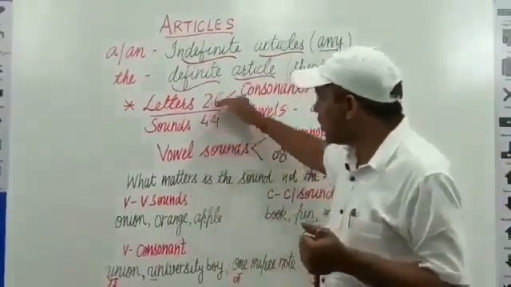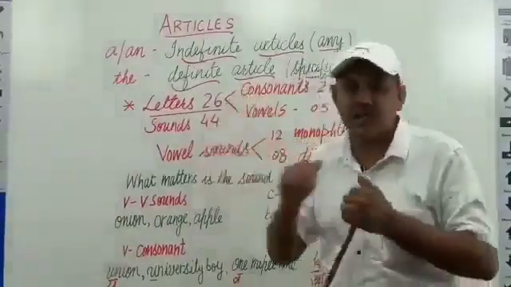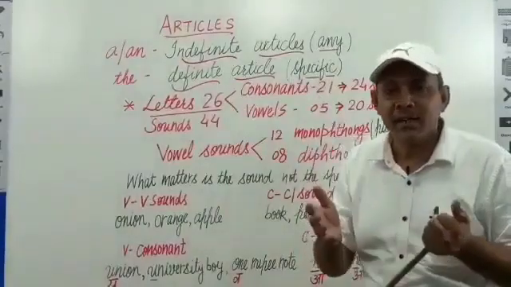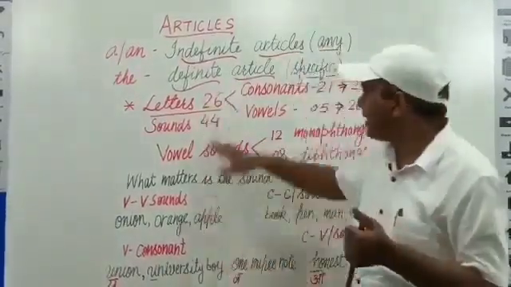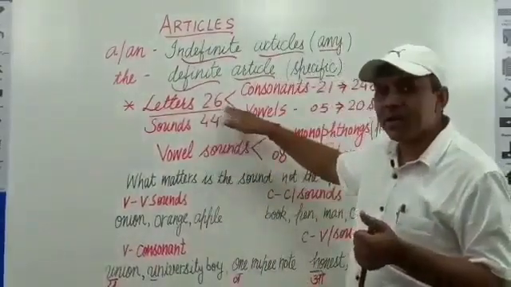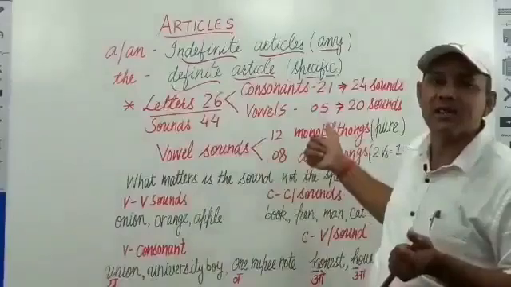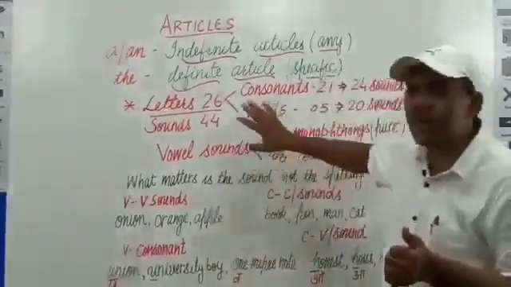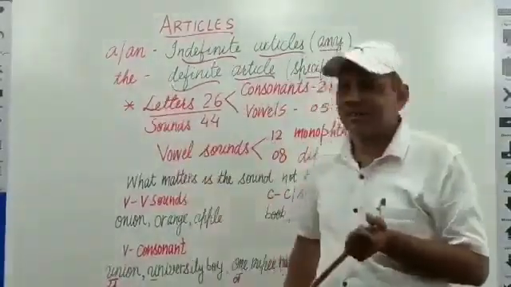There is no one-to-one correspondence between the spellings and sounds in English. This is the main problem. But in Hindi, there is one letter for one sound. But here, a letter produces one sound in a word and another sound in another word. That's why we have to understand the basic concept of sounds before discussing articles.